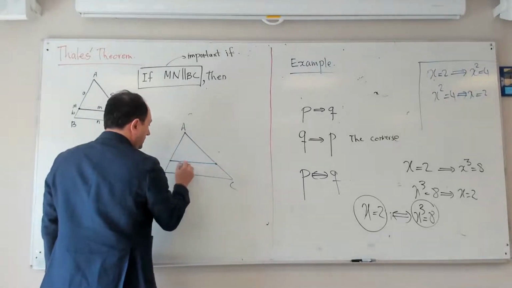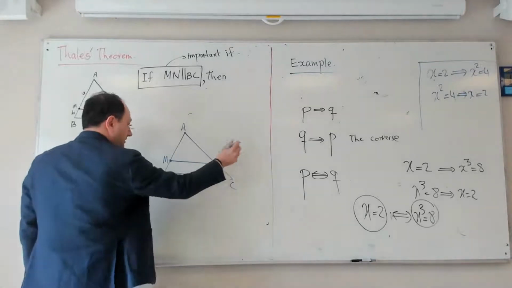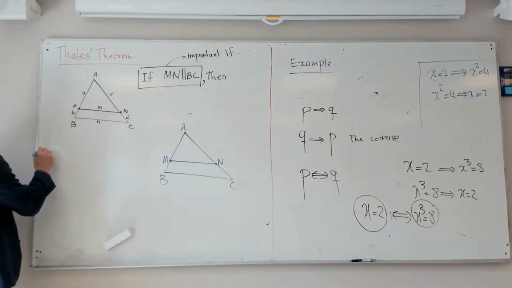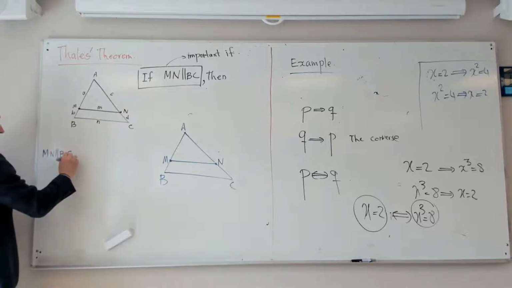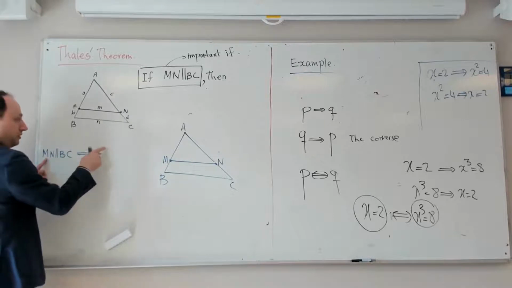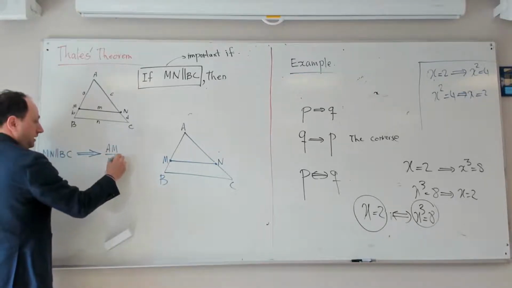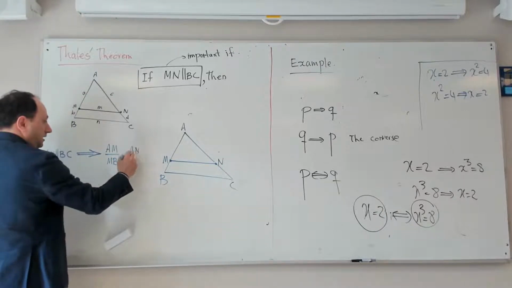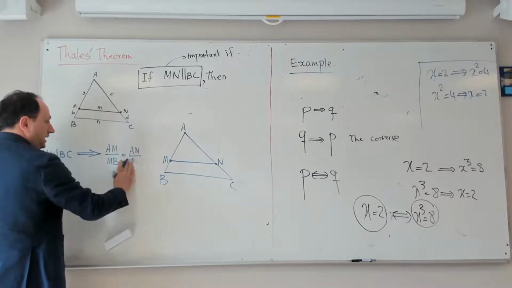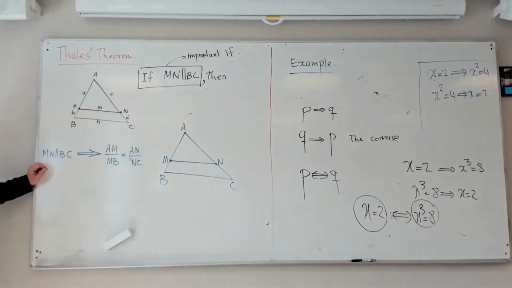In the problem in the book, MN is parallel to BC, and I was able to show you that this implies AM over MB is equal to AN over NC. This we showed. Now, can you tell me the converse?